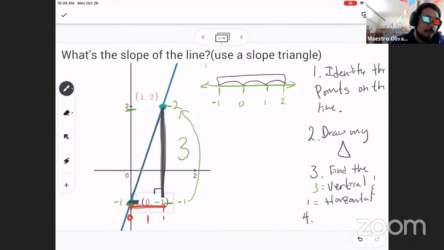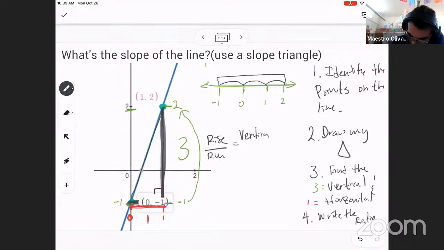So now, for the sake of time, the fourth step is write the ratio. So my ratio is the rise over the run, which is the same thing as vertical over horizontal. What's going to be my fraction? Let's see. Somebody who I have not heard from.